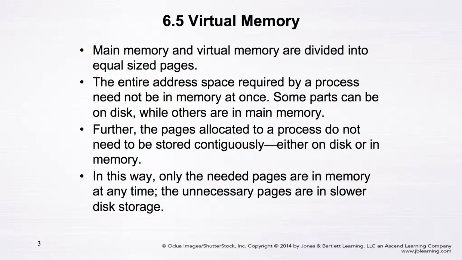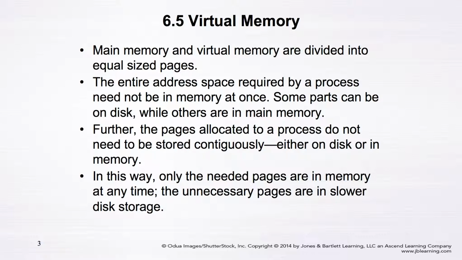The main memory and virtual memory are divided into equal size pages. The entire address space required by a process need not be in memory at once. Some parts can be on disk, while the other parts can be in the main memory. Further, the pages allocated to a process do not need to be stored contiguously, either on the disk or in the memory.